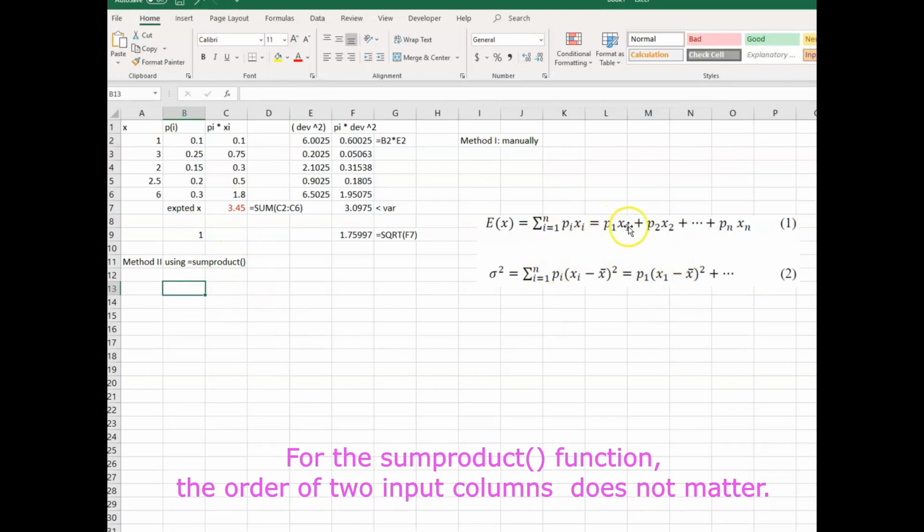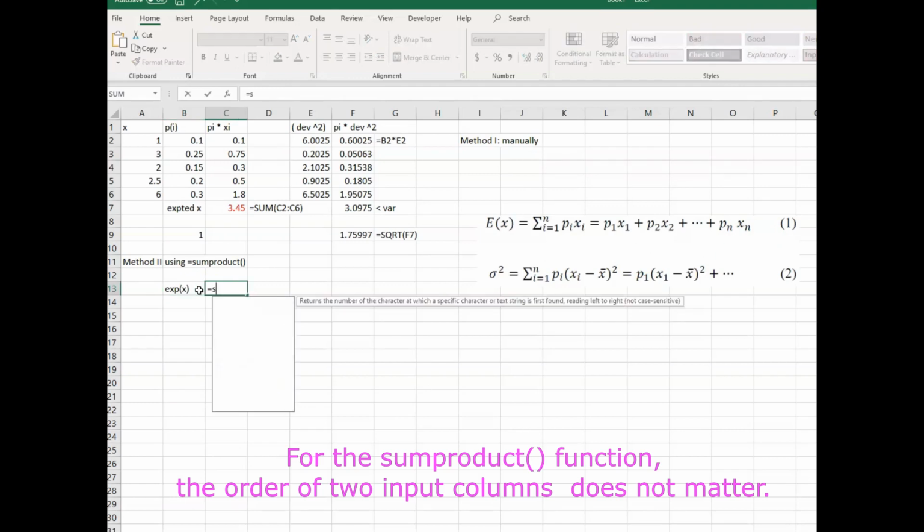So this is P colon, P1, P2 up to Pn, times x1, x2, x3. Actually, you see the expected mean is simply equal to SUMPRODUCT.